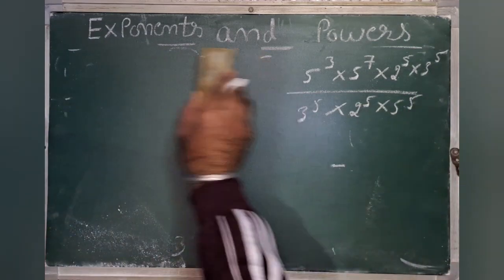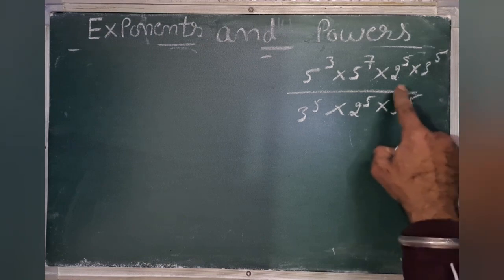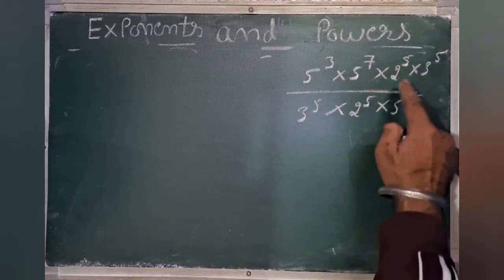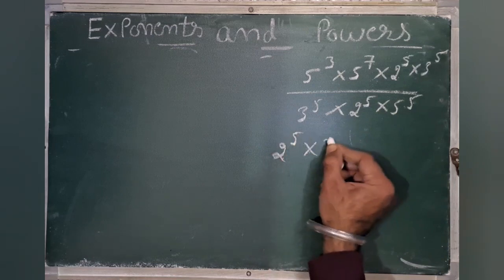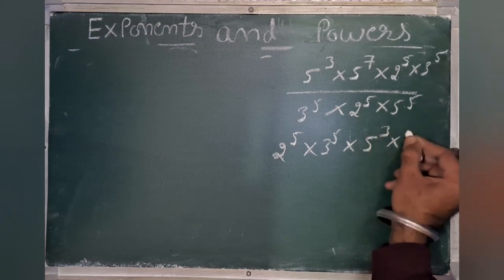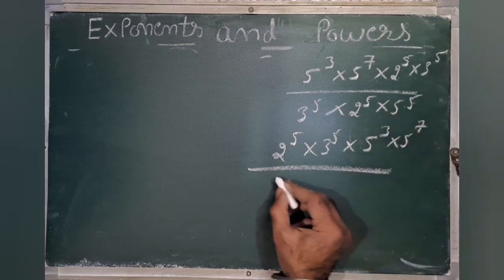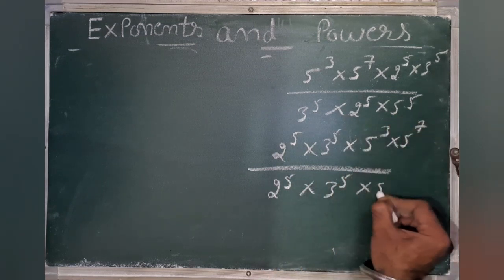This step is for beginners only. बिकॉज स्टूडेंट्स यहाँ कंफ्यूज हो जाते हैं, तो हम पहले क्या कर सकते हैं कि फर्स्ट वी राइट 2 then 3 then 5 then 6 like this way. So first we write 2 power 5 multiply 3 power 5 then 5 power 3 then 5 power 7. Again first we write 2 then 3 then 5.